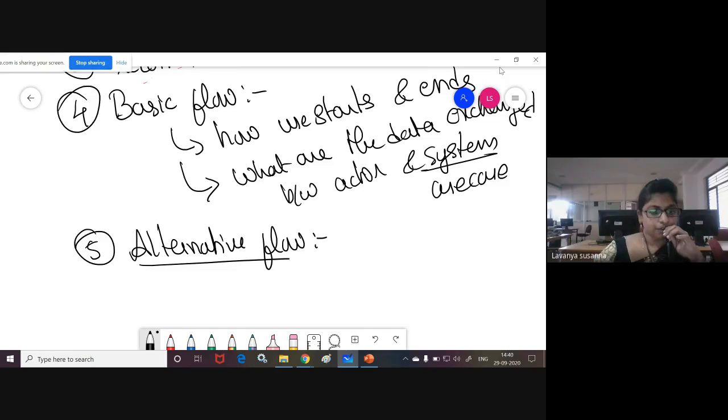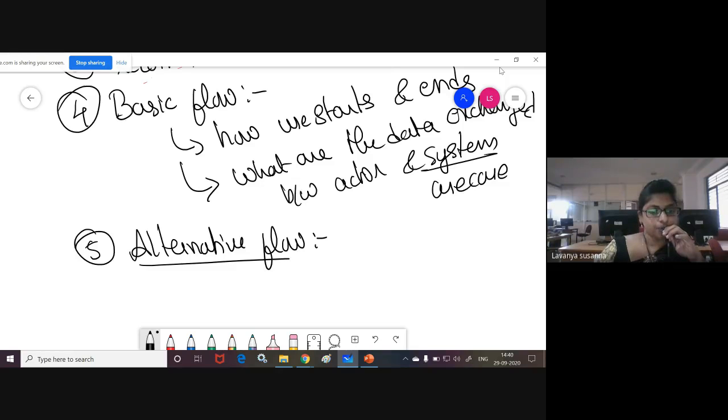Now, alternative flow means if there are some error messages, that means you are deviating from the basic flow. If you have entered a wrong username, the system will prompt some error message, like wrong password. I hope you understood.